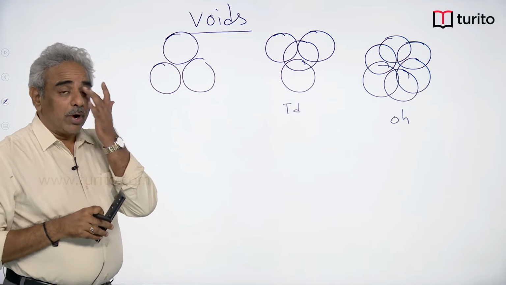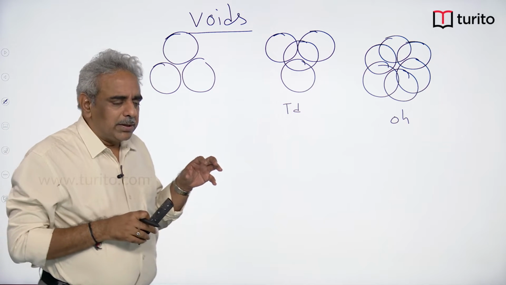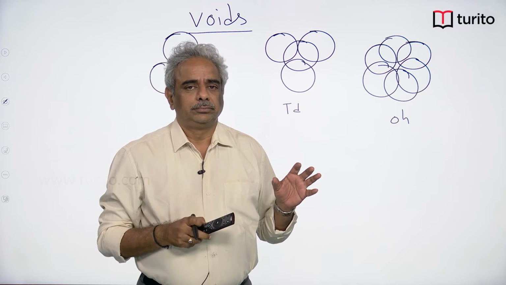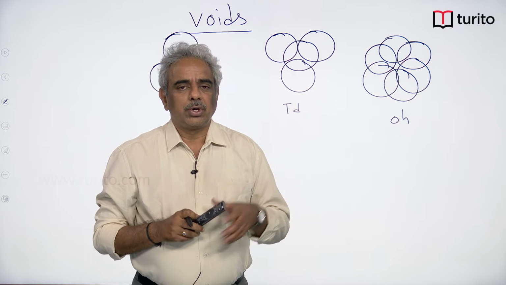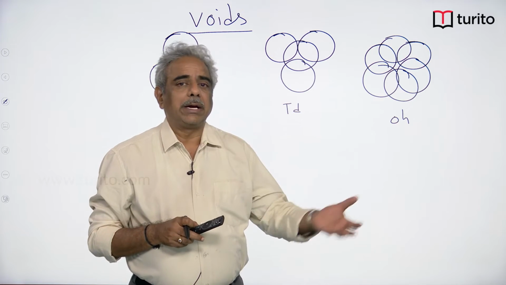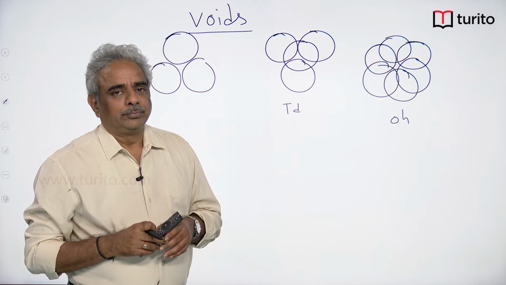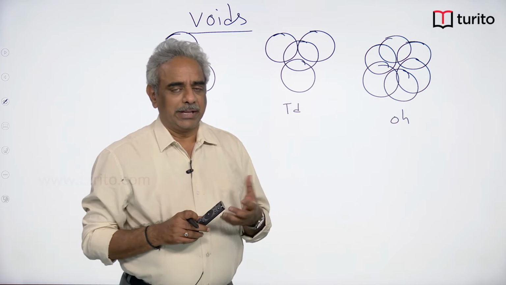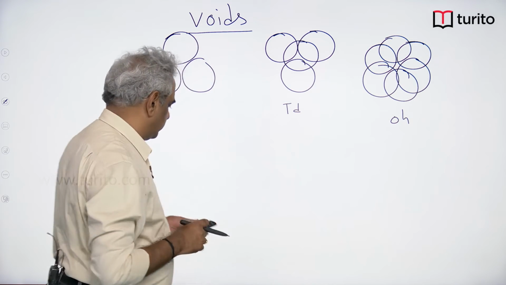How to locate these voids in a unit cell? Whatever we prove for the FCC unit cell is true for everybody. So, let us take one FCC unit cell and first try to locate where you can find the voids, how many voids are there and what is the size of each void, that we will have to see.